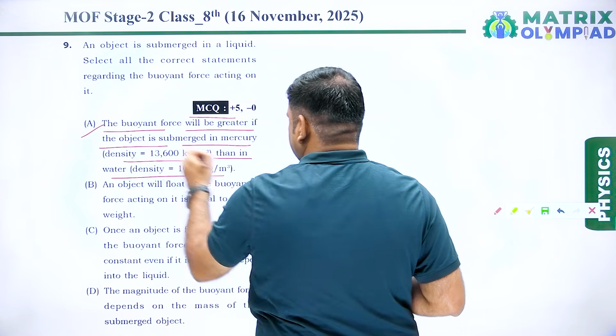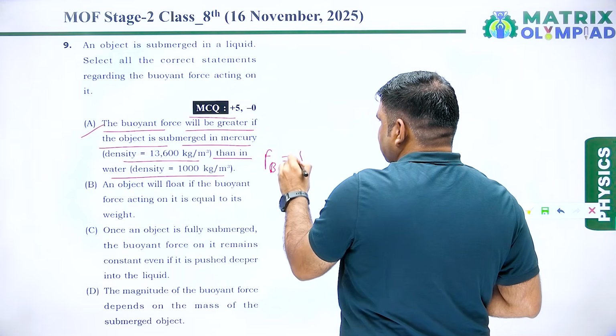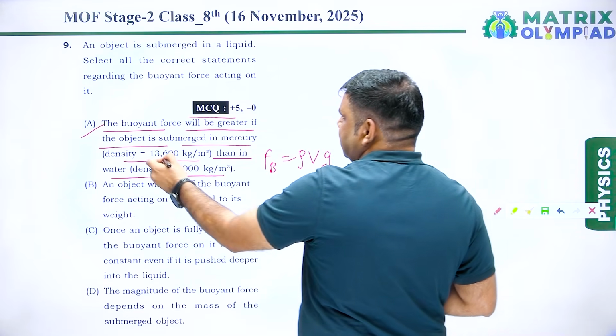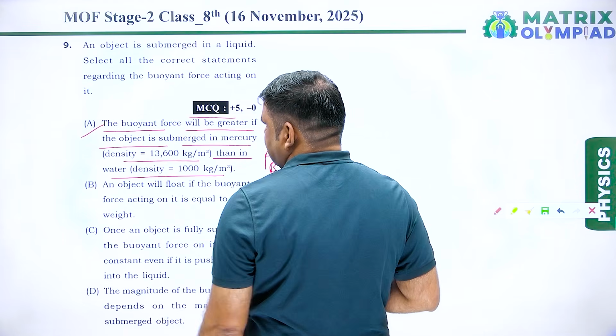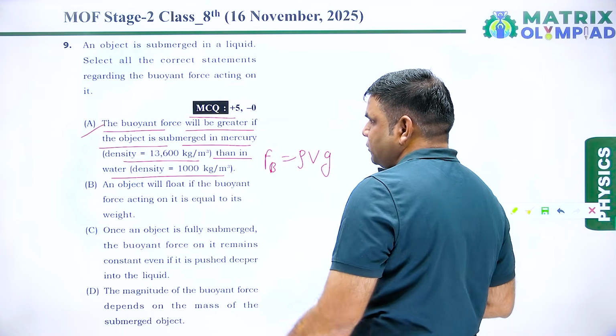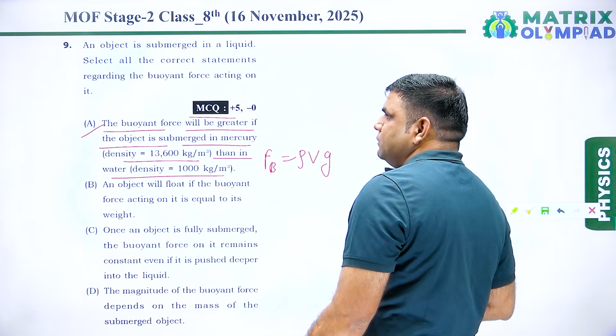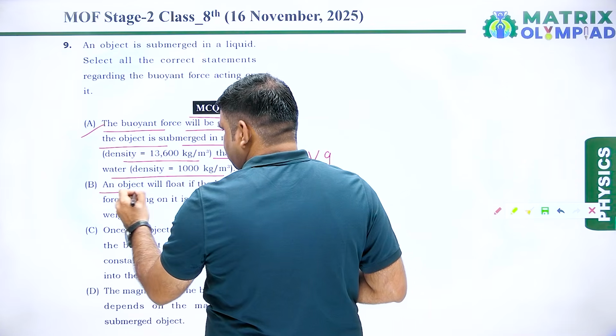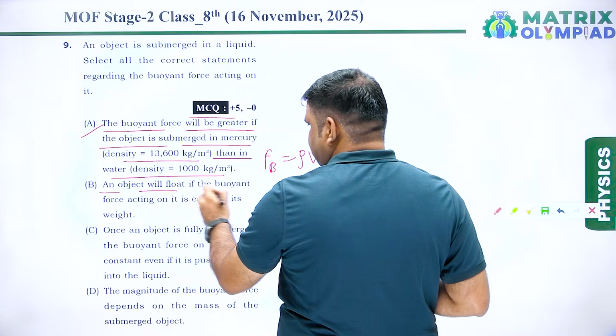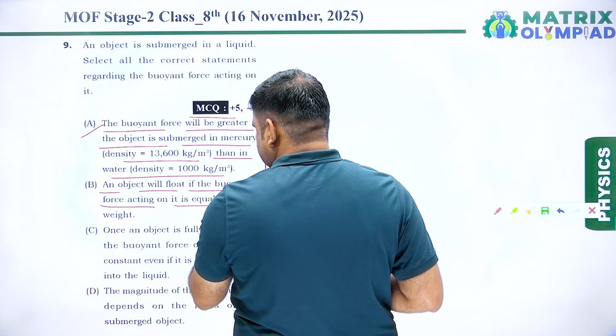Yes, this is true because the formula of buoyant force is rho Vg. The density of mercury is greater than the density of water, so buoyant force will be greater in mercury. So A is correct.